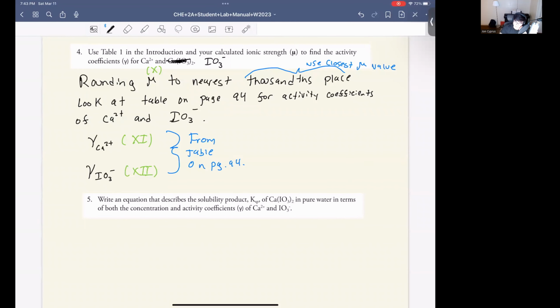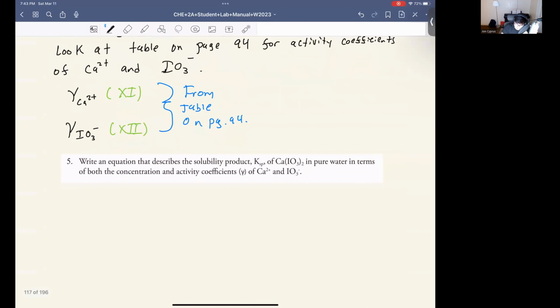What we're going to do is really just write the KSP expression again, almost the same, except now you're including the activity coefficient. So like this times the concentration of calcium.